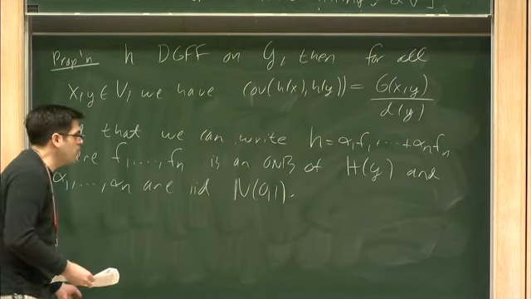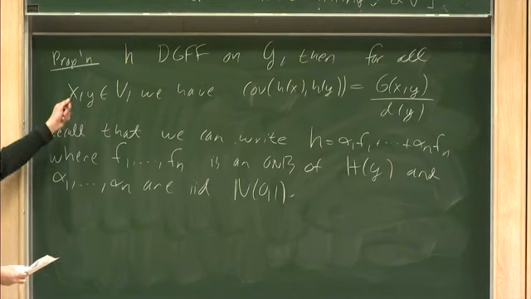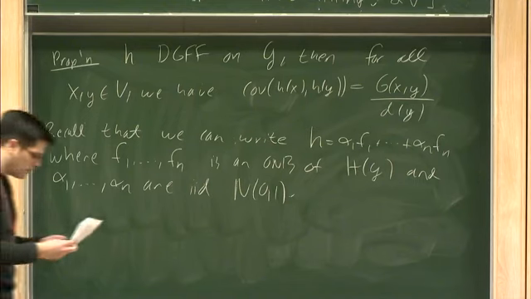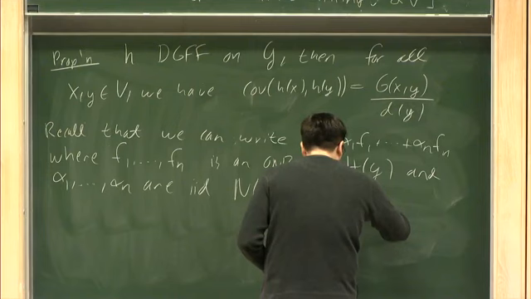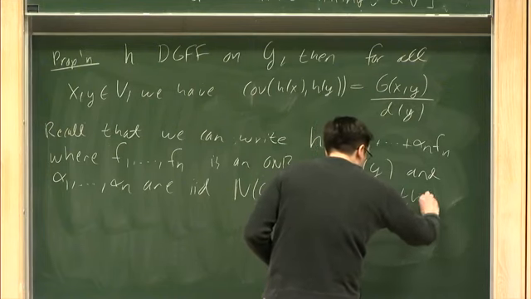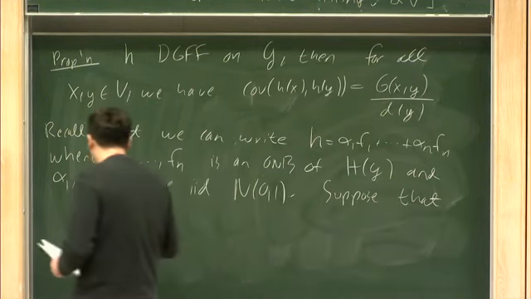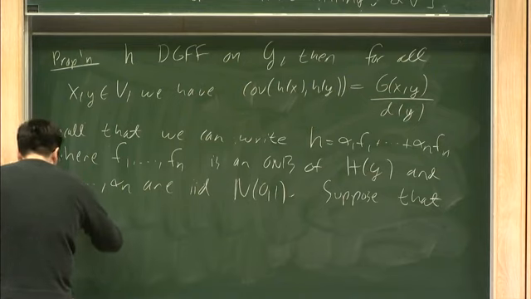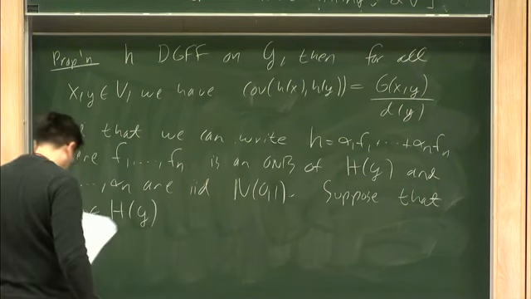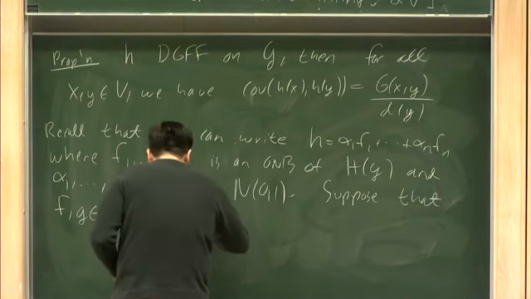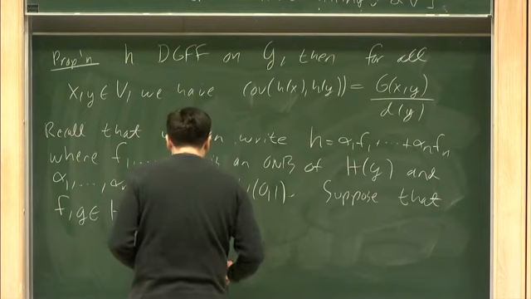And what we're going to do now, before we prove this proposition, is an easier covariance calculation. Let's suppose that f and g are two functions in our Hilbert space, and let's write out their series expansions.